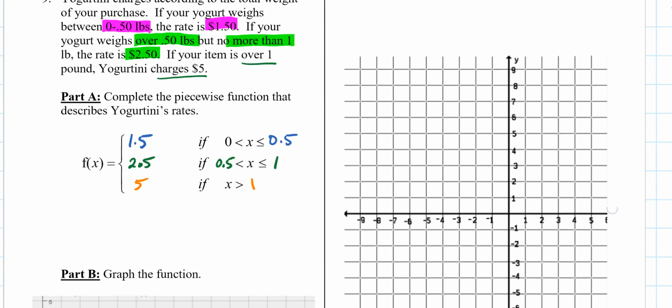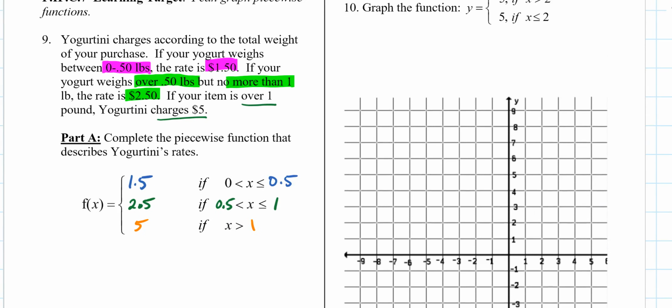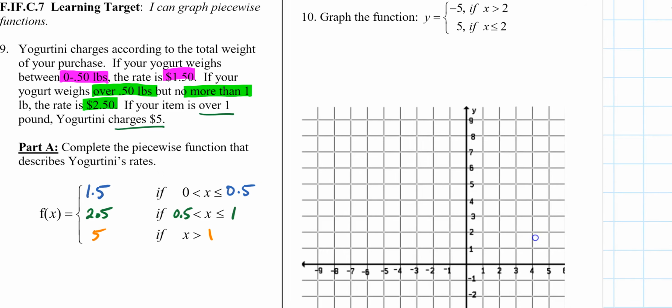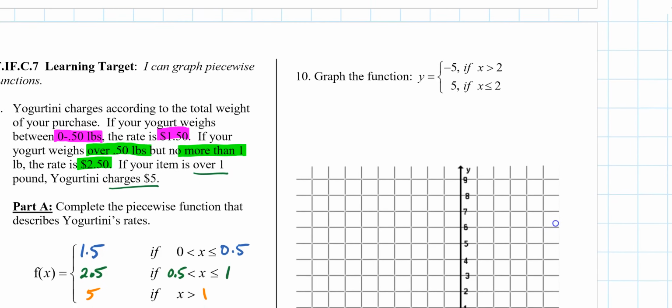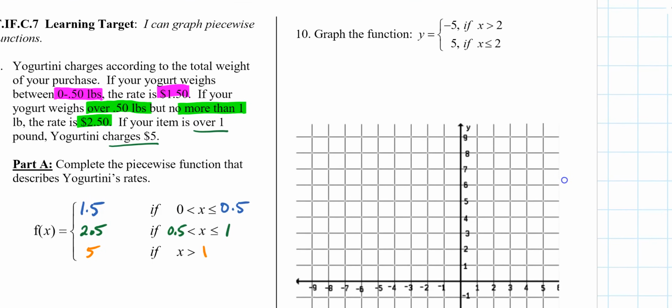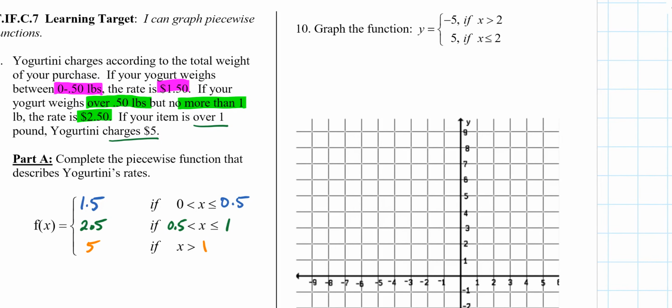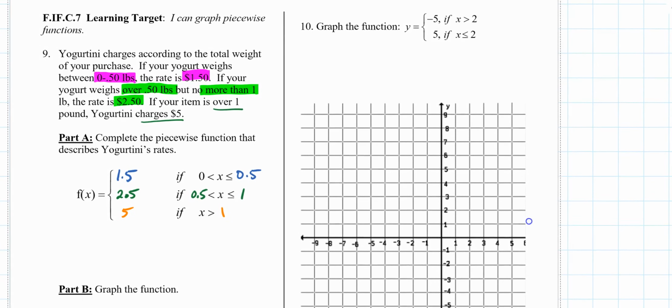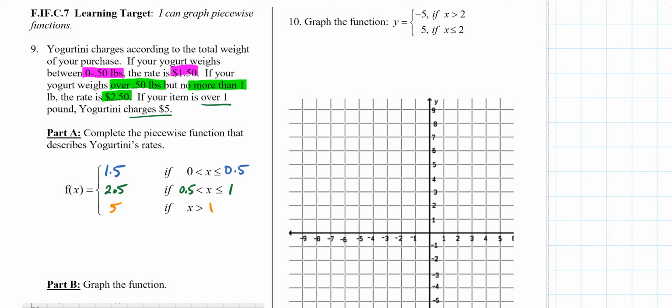Alright, and we're almost done. Last problem right here. So we've got: graph the function y equals -5 if x is greater than 2 and y equals 5 if x is less than or equal to 2. So the line y equals -5, that's a horizontal line.